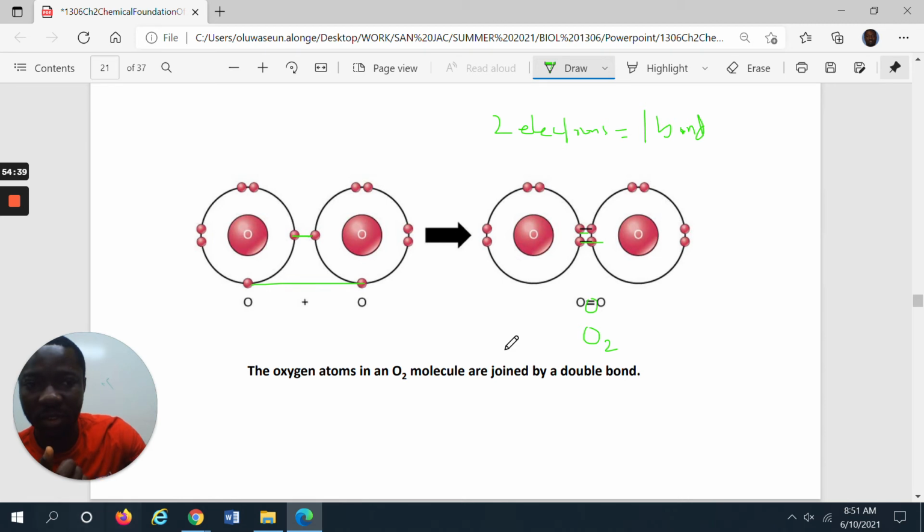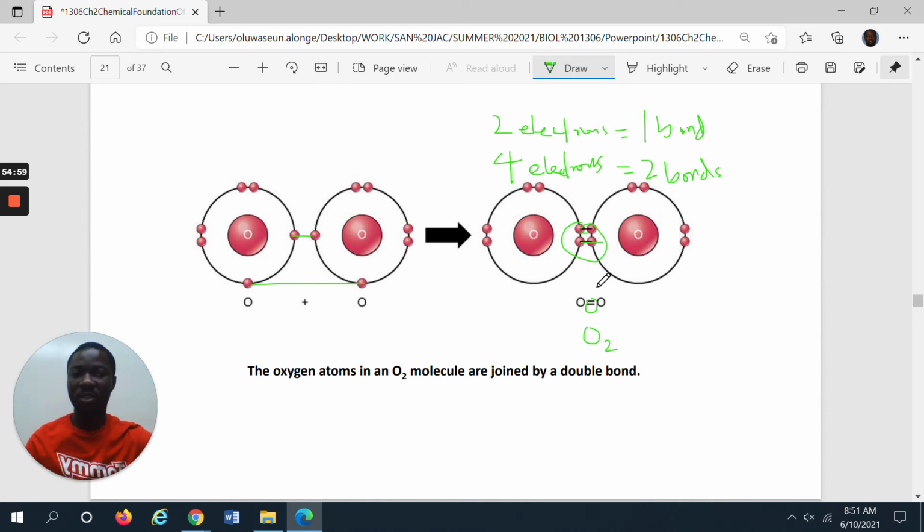I need 4 electrons to form 2 bonds. If I need to form 3 bonds, then I need 6 electrons. So look at oxygen here. Oxygen molecule forms 2 bonds with 4 electrons, right? So it is a double bond here, and this is an oxygen molecule.